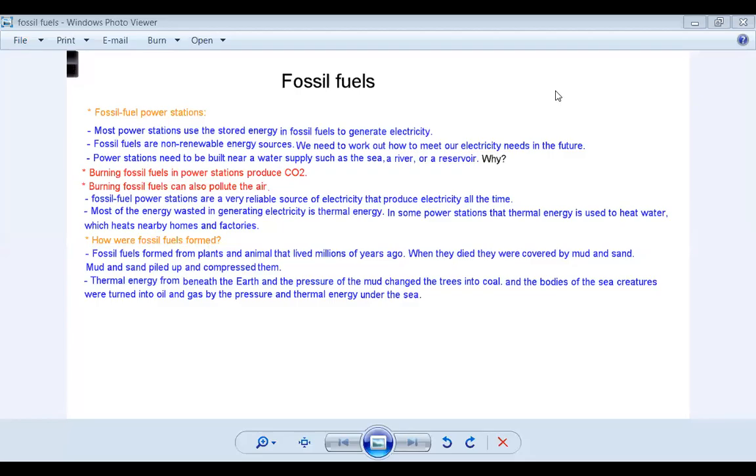So yesterday we talked about the world's energy needs, and we explained that the demand for primary energy sources all over the world needed to generate electricity is increasing rapidly. We explained about the primary energy sources and the secondary energy sources.